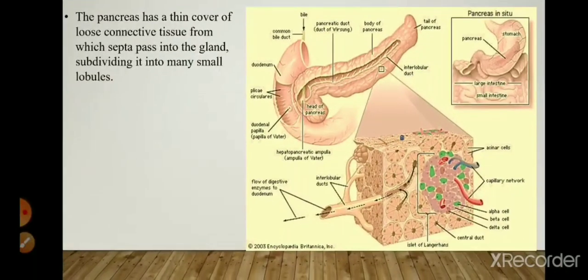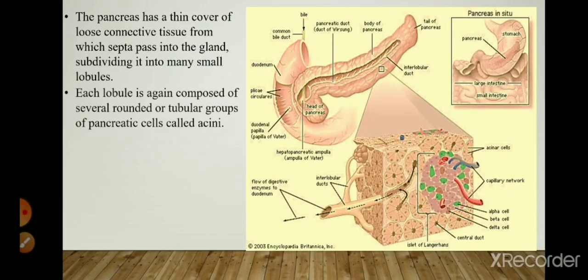These lobules are subdivided into groups of cells called pancreatic cells or acini. These acini combine to form the exocrine part of the pancreas.